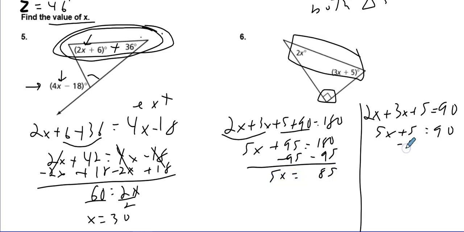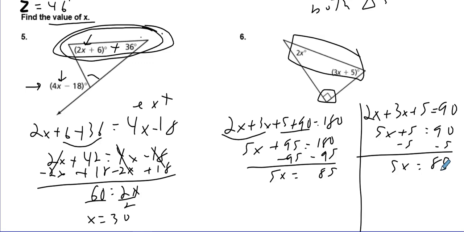Over here, when I subtract 5, guess what? I'm going to get 85. And now we're at the exact same point. The only thing is the one on the left required a little bit more number crunching than the one on the right, but it doesn't really matter. Okay, it's only a slight shortcut.